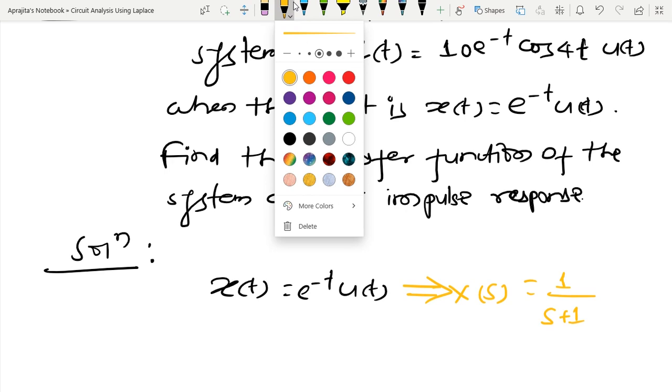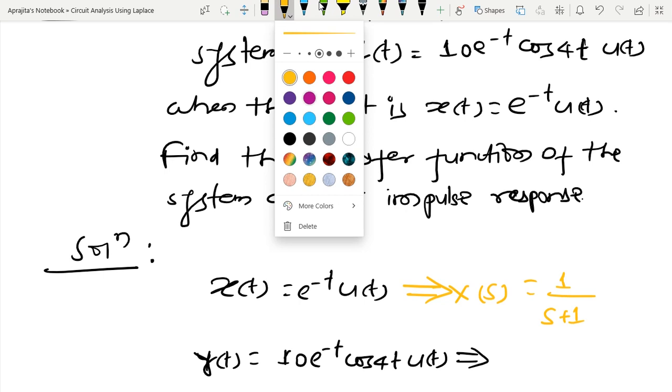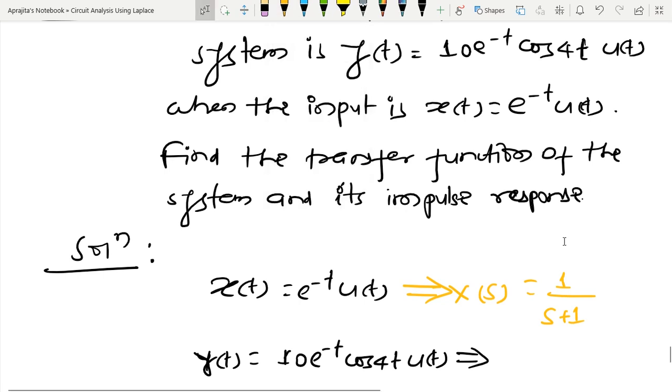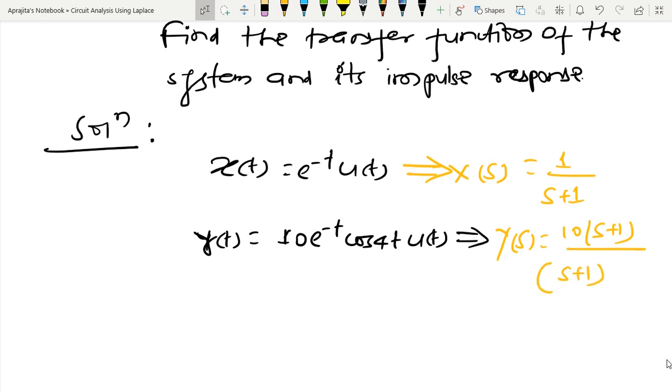Similarly for the second quantity, the output, y(t) is 10 e to the power minus t cos 4t u(t). If I calculate the Laplace transform of this, it is pretty easy because several times we have done this exercise: 10 times s plus 1 over (s plus 1) squared plus 16, and I can use the frequency shift method like this.